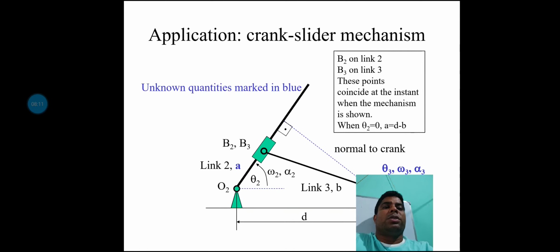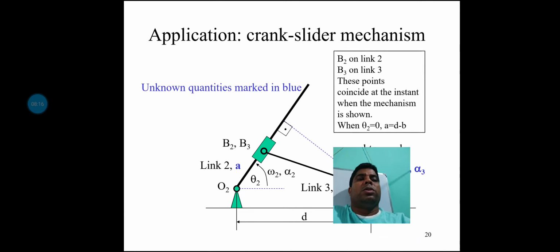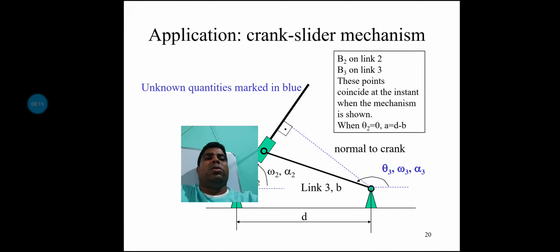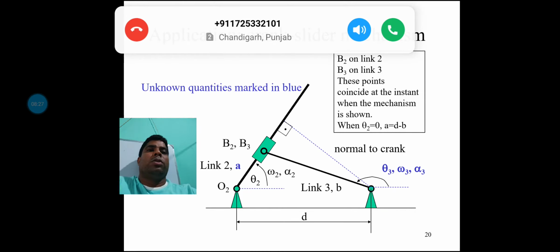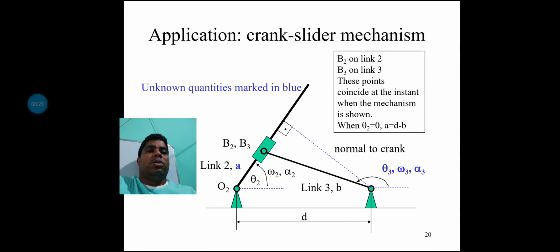Now, the application to the slider crank mechanism. That figure was already drawn in earlier slides, with the unknown quantities marked in blue. Note that there are three blue unknown quantities.